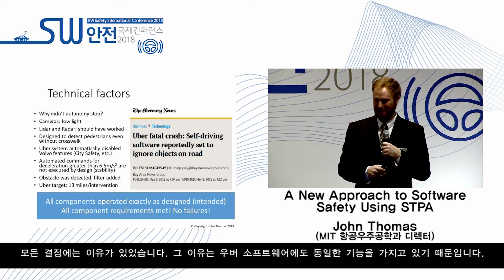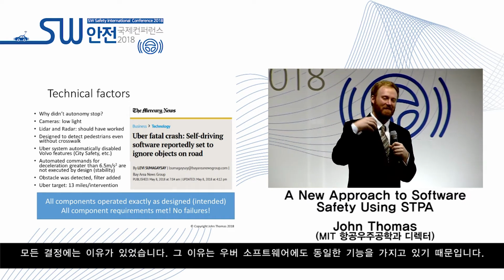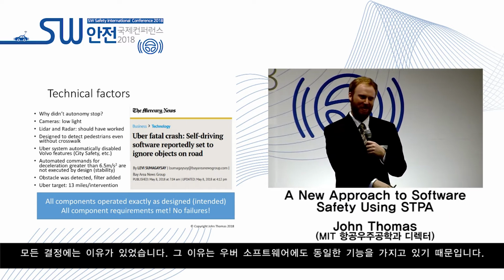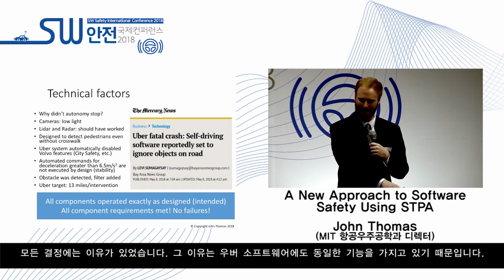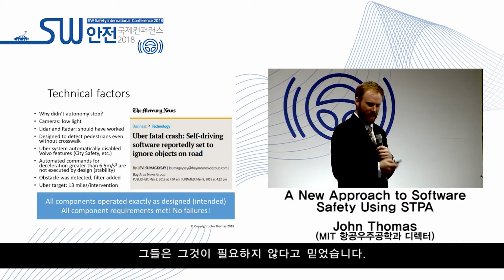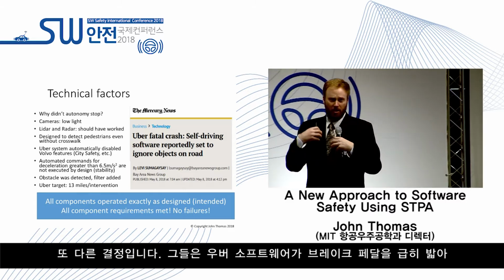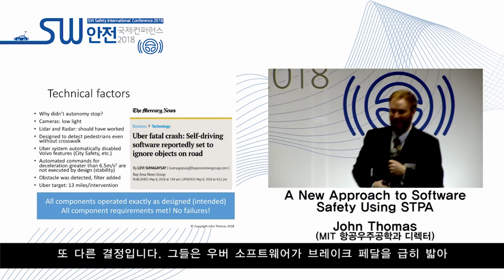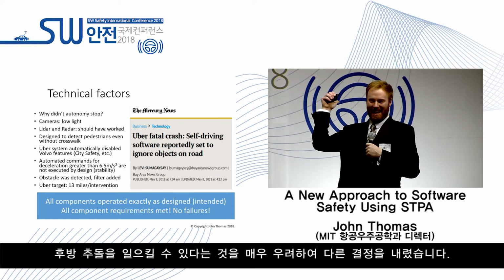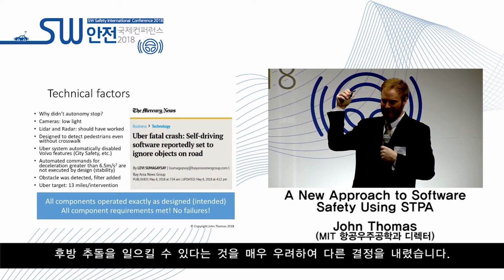Every decision had a reason. The reason was they have the same function in their software, in the Uber software. They believed it was not needed. Another decision, they were very concerned that the Uber software may slam on the brake pedal and cause an accident from behind. So they made another decision.